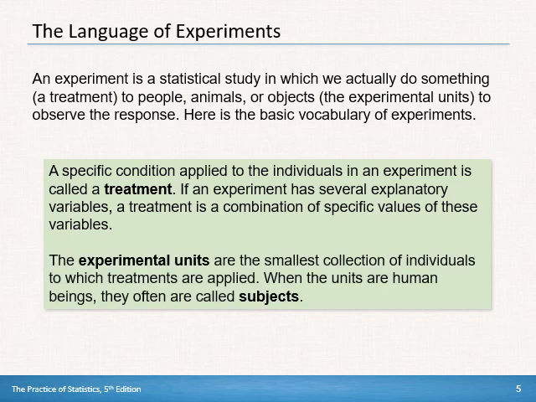And then again, the experimental units we'll refer to as subjects if they're humans. So you might think about a clinical trial for the coronavirus vaccine, right? Those were subjects who were given a vaccine. One group was given the vaccine, another group was given sort of a fake vaccine. And we do that, and we'll get into more details on that, in order to control for other confounding variables.